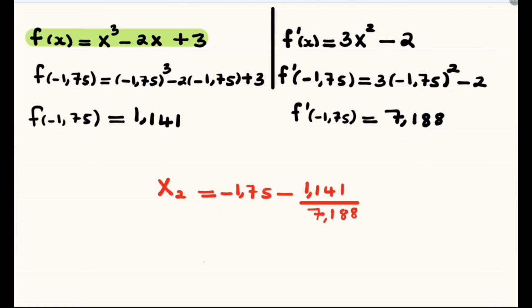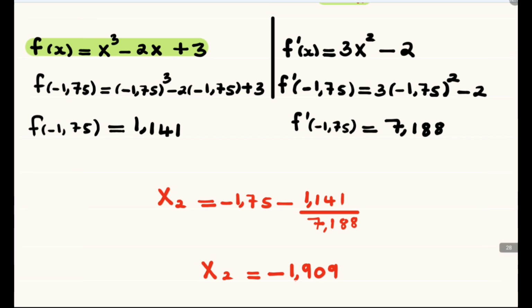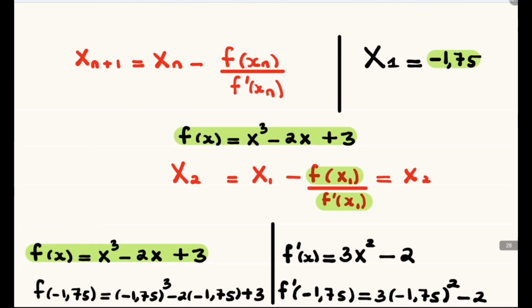And our x2 will be equal negative 1,909. Now that we determine x2, we determine the x3.